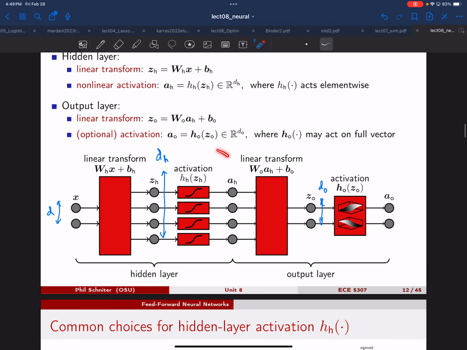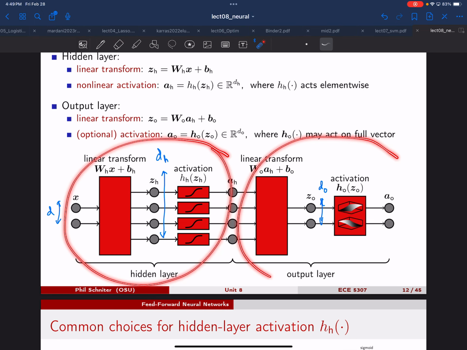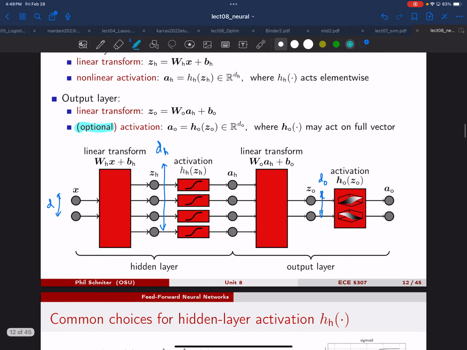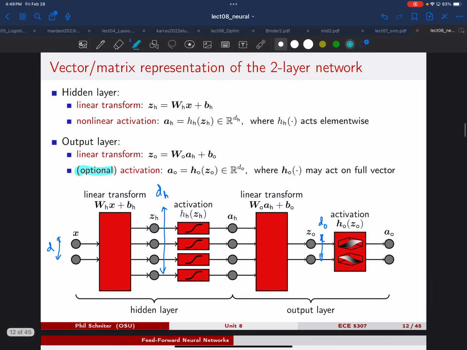Okay, so again, hidden layer and output layer. Pretty similar form, except these activations are separable, whereas this one is not. And finally, as I mentioned before, we can think of that last activation as optional. So I'll discuss that in just a second.